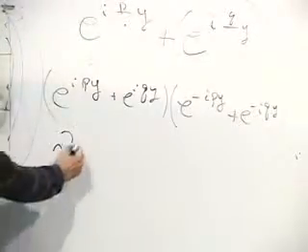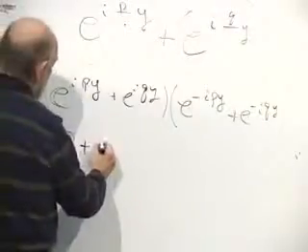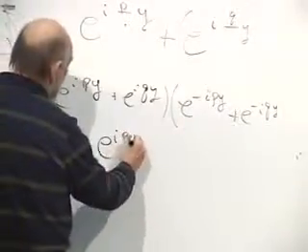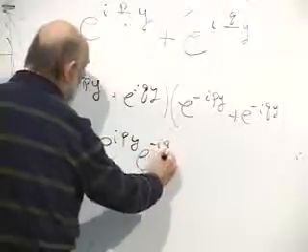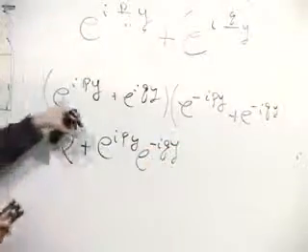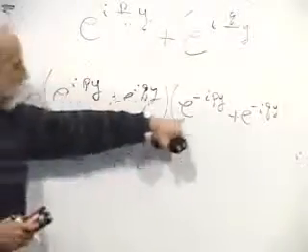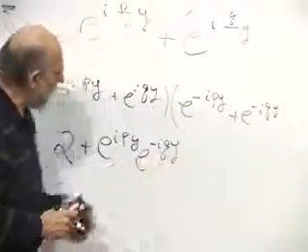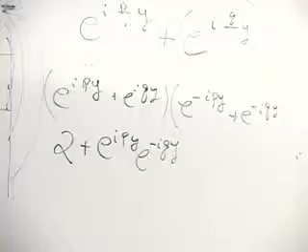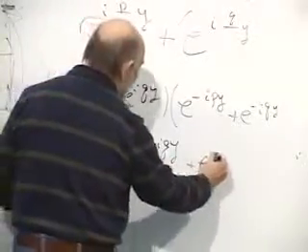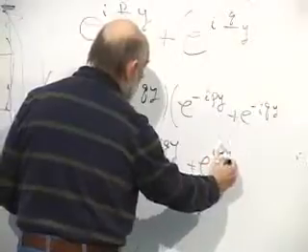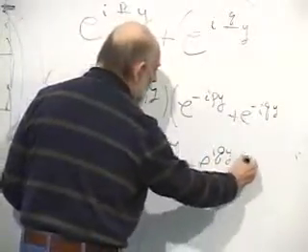Then we get plus e to the I py, e to the minus I qy. That's coming from this term times the far term over here. And then we have plus e to the I qy times e to the minus I py.